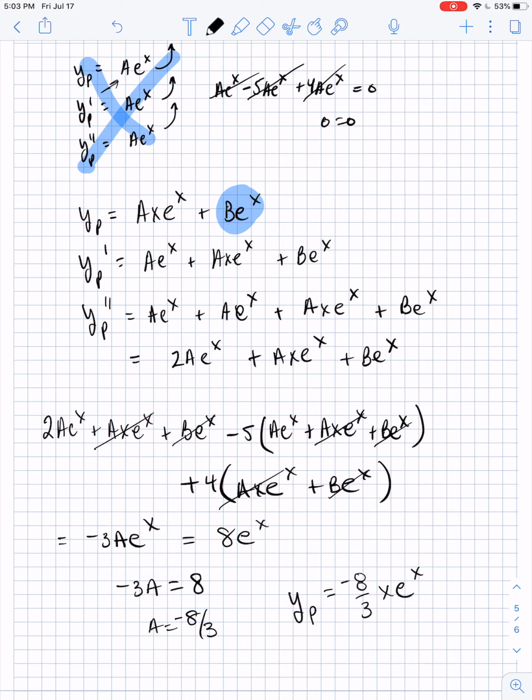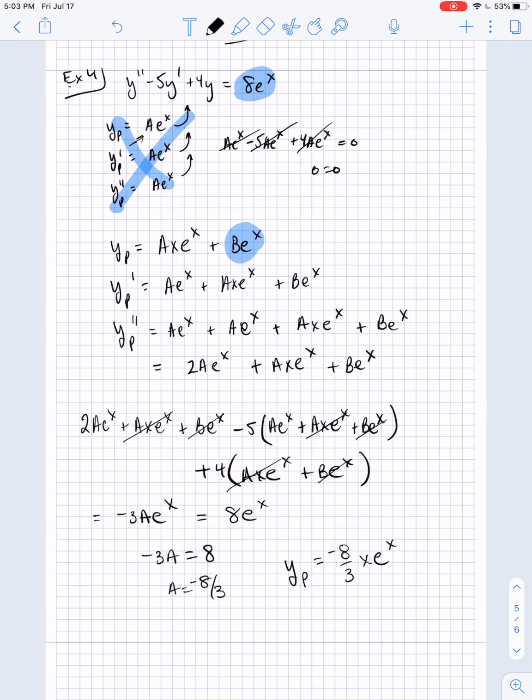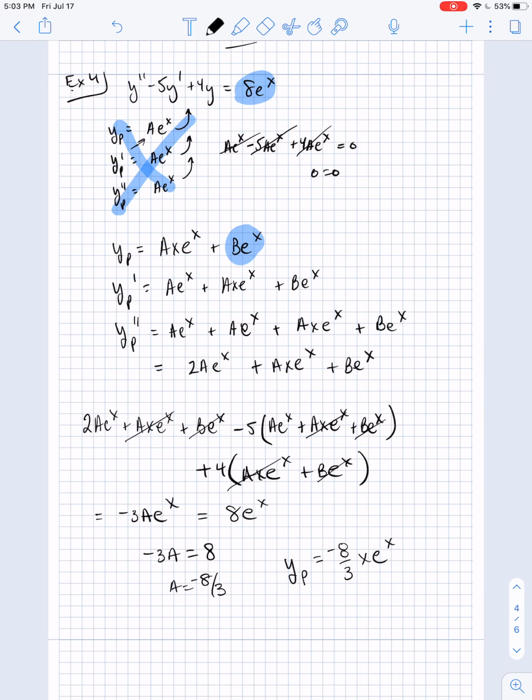Okay, so when you're doing this with the glitch, just add another x into the problem and make it like a product rule. That should help you. I mean, you could use the book example as well. That could help you also. So just be aware of that little glitch that you could see.